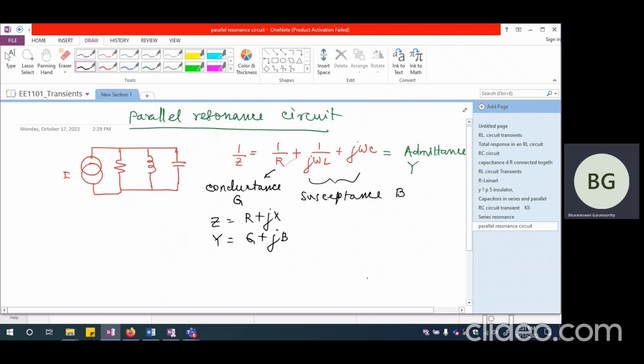This is the way we write normally. So this is impedance, whereas this is going to be admittance.